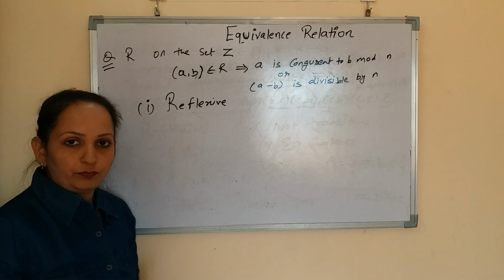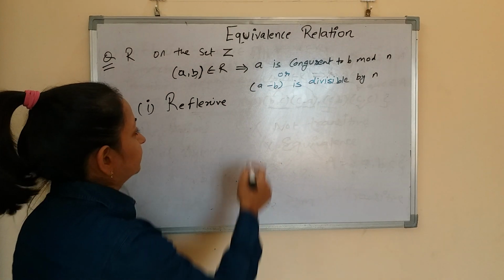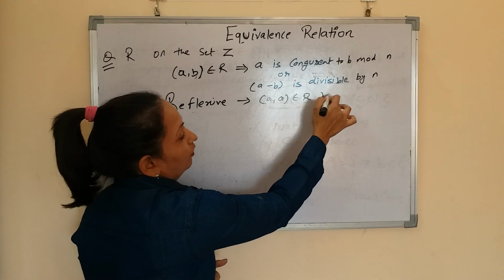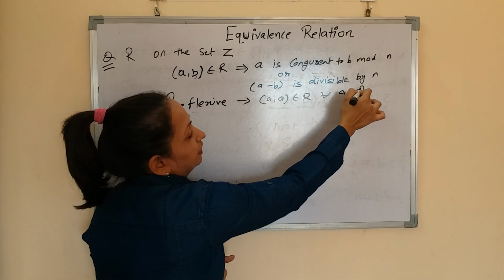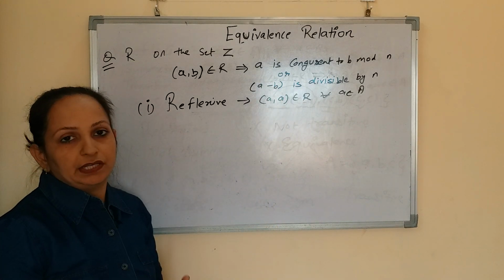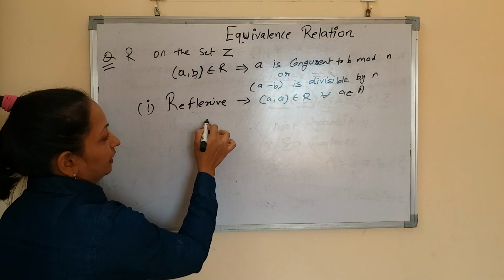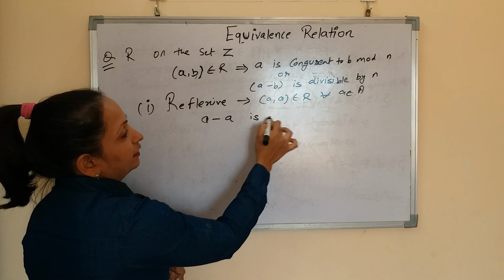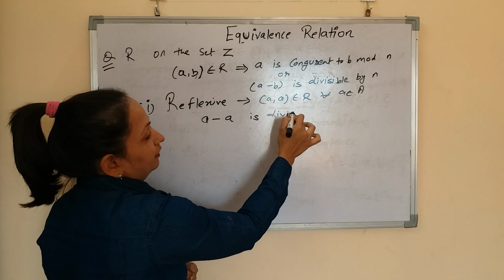So I hope you remember the condition of reflexive, that is (A, A) belongs to R for all A belongs to capital A. According to the definition, I am putting both the variables as A. So what I get is, I have to check if A minus A is divisible by n.